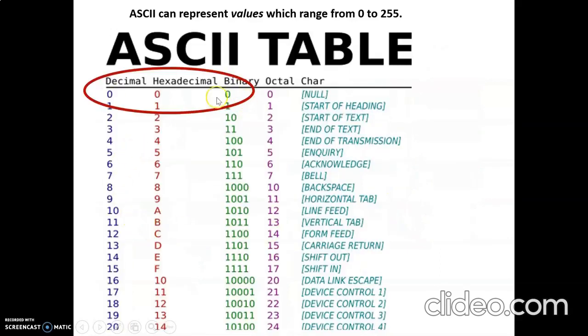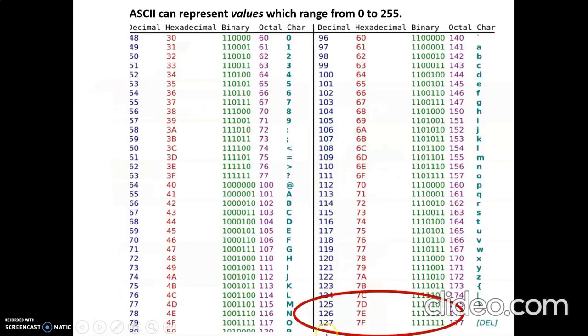It starts with decimal 0, and binary is 00000000, or short as 0 only. And the last one, if it is 7-bit ASCII, is 127 and 1111111. But for 8-bit ASCII, it is going to be 255, and we have 8 bits here, 8 ones.